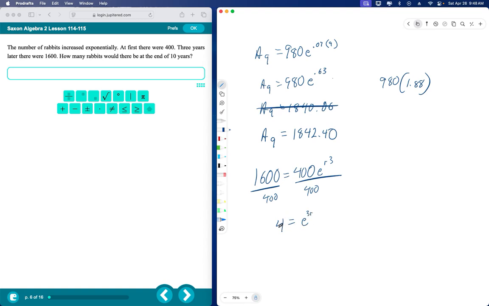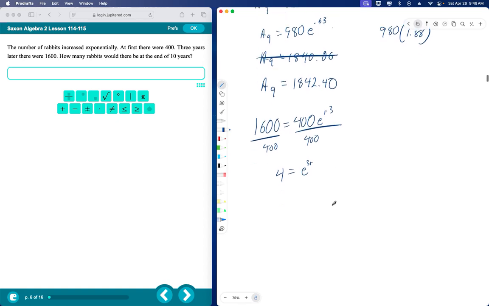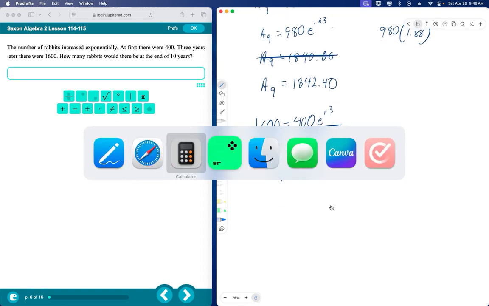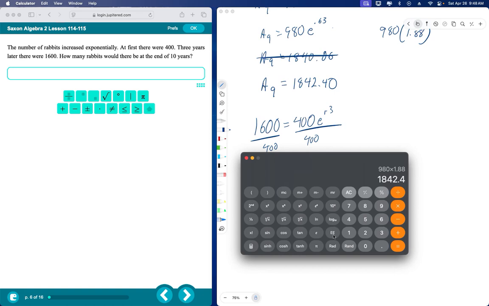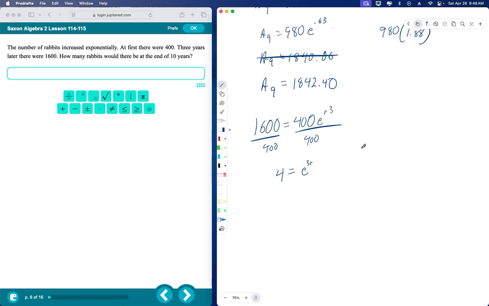Now I'm going to convert this to an e value. So that would be log 4 equals 0.6, so e to the 0.6 is equal to e to the 3r. So 0.6 is equal to 3r. Divide both sides by 3.